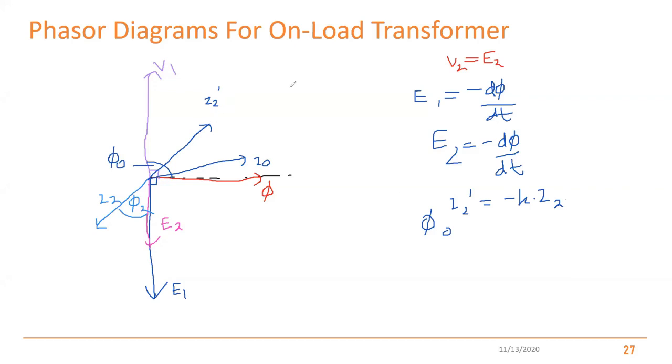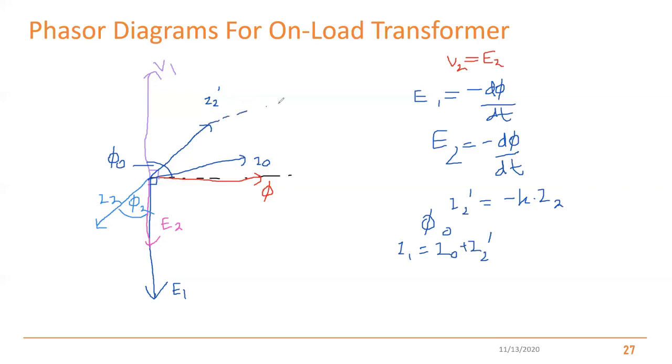Earlier we understood that I1 is equal to I naught plus I2 dash. Since these are in different phases, we have to add them together.